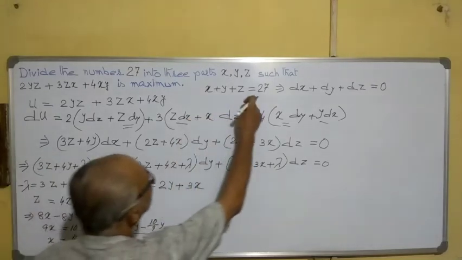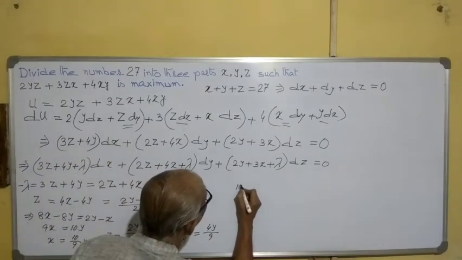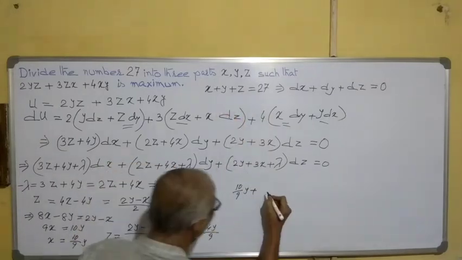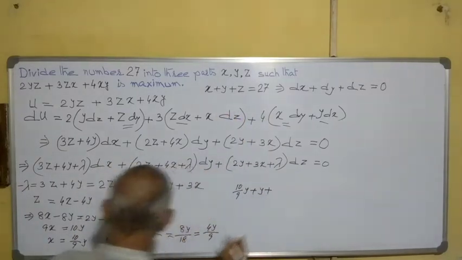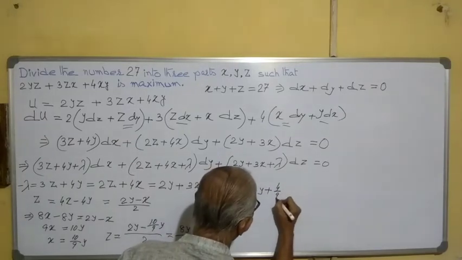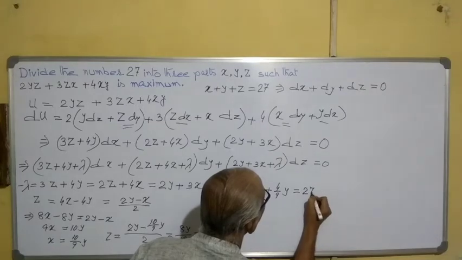And in this equation, putting x as 10 by 9 y, plus y, plus z equals 4 by 9 y, this equals 27.